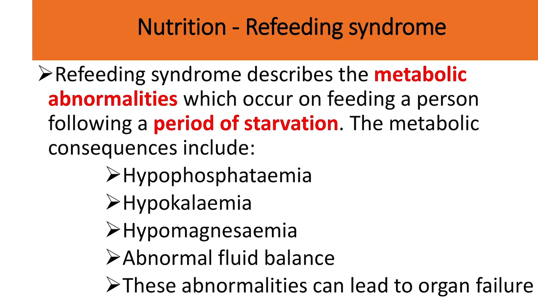Here, hypophosphatemia, that means the phosphate level reduces, hypokalemia, potassium level reduces, hypomagnesemia, that means magnesium level reduces, abnormal fluid balance, and these abnormalities may also lead to organ failure. So all the parameters usually reduce.